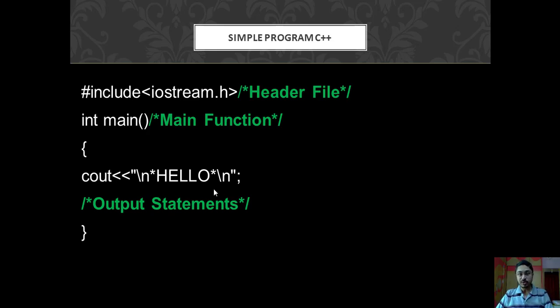In order to execute this cout line properly, we have to include the iostream.h file, and before compilation this file needs to be included. For that, this hash is used. This hash tells the compiler that this file needs to be included before the compilation begins. So this file iostream.h needs to be included within the code in the linking phase of the program.